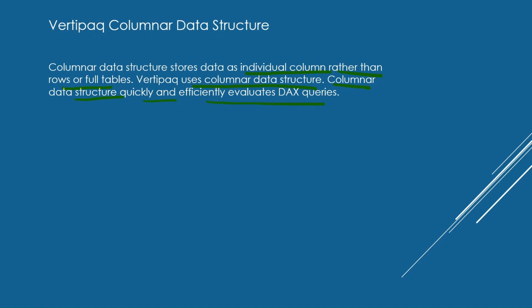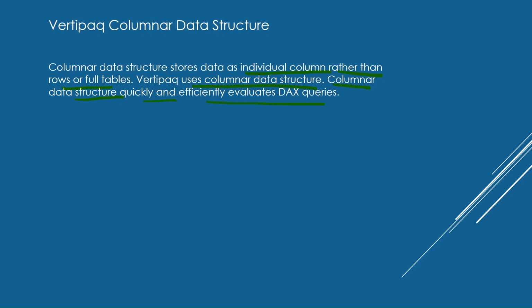So Vertipaq uses a columnar data structure which stores data as individual columns rather than rows of a full table to quickly and efficiently execute DAX queries. A columnar data structure is great, especially if you want to evaluate DAX queries.